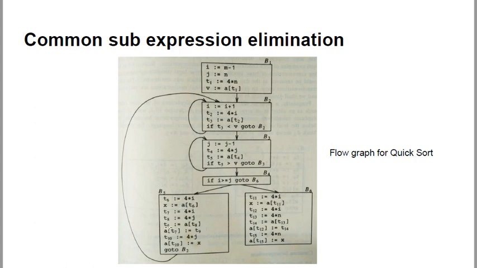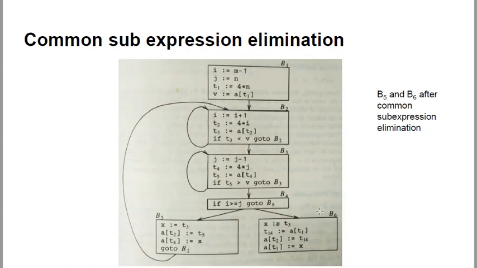T7 and T10 are being eliminated. Similarly, in B6 also we have some common sub-expressions. This diagram shows the result after we eliminate some of the common sub-expressions.